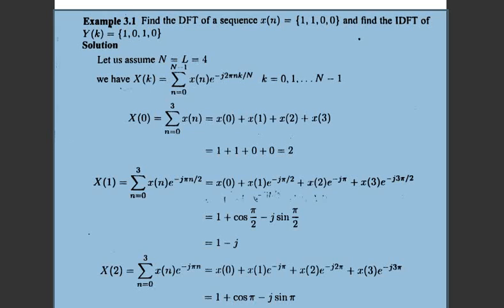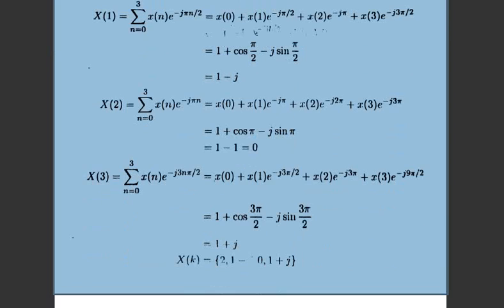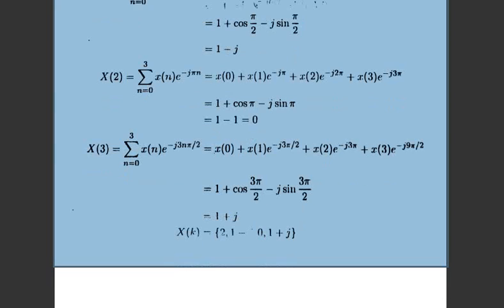For x of 1 we applied the same formula and have the result. As usual we have applied it for x of 2 and x of 3. In the last we have the result, which is xk equals 2, 1 minus j, 2, 1 minus j, 0 and 1 plus j, which is the result of the DFT conversion.